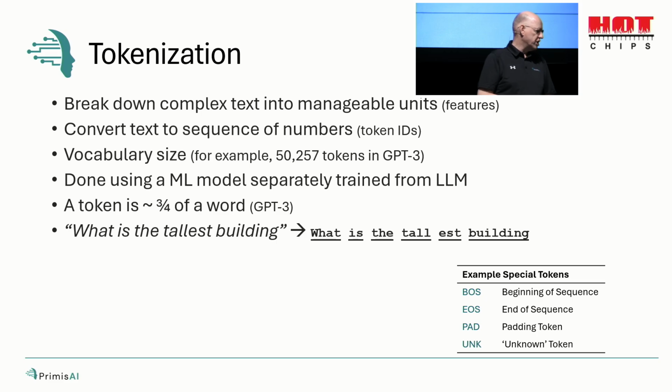In the case of, for example, GPT-3, that's a vocabulary of 50,000 tokens, 50,000 words or parts of words, for which every token has its own ID in a database, which is then leveraged. So you can see an example of, what is the tallest building comes down to 6 tokens.